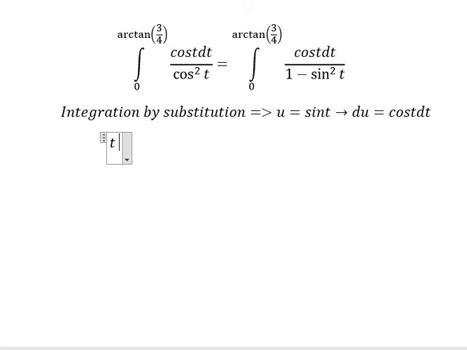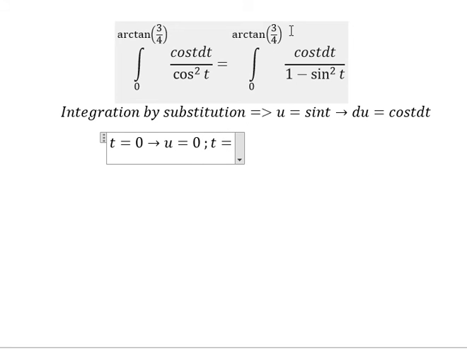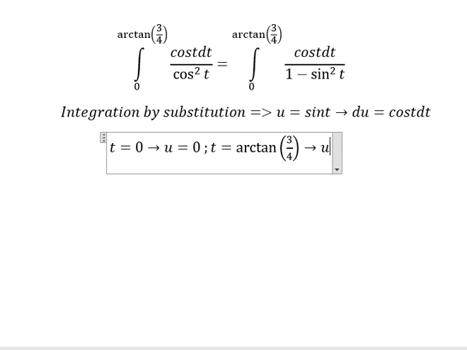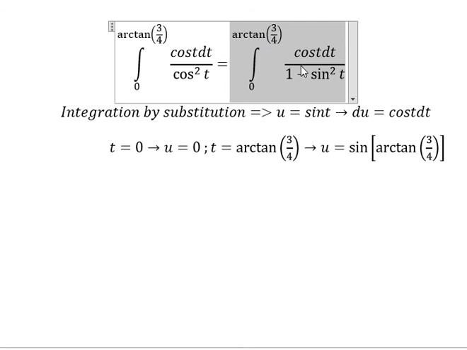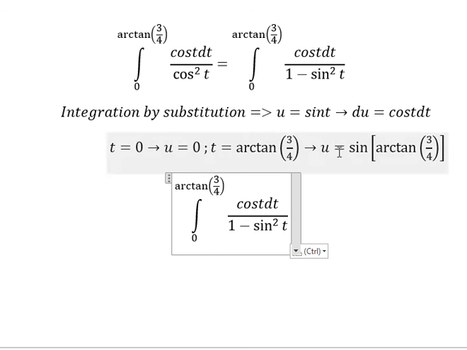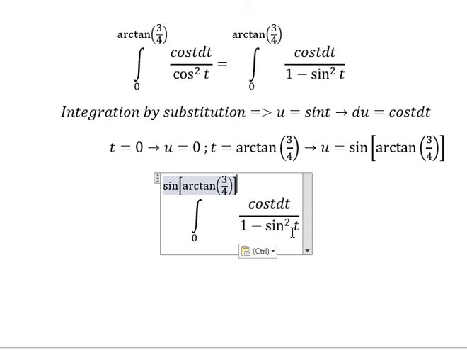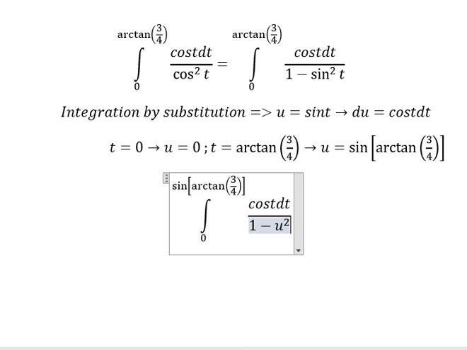So t equals 0, so u equals 0, and t equals this one, so u equals sine of arctan 3/4. Now we change the numbers. As you can see, we change sine t squared to u squared. Cosine t dt we change to du.